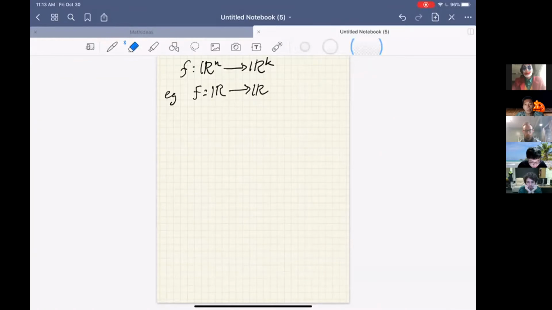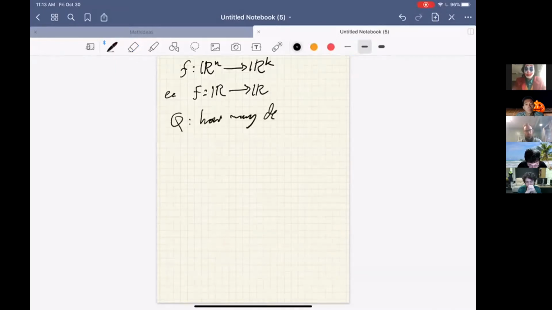So, a question to the audience. There are no tricks here. The question was, how many derivatives does it have up to order R?